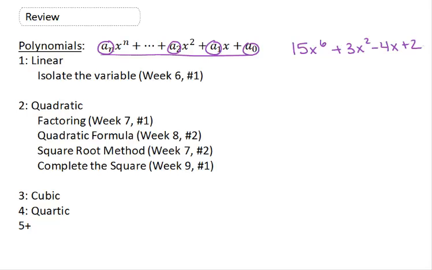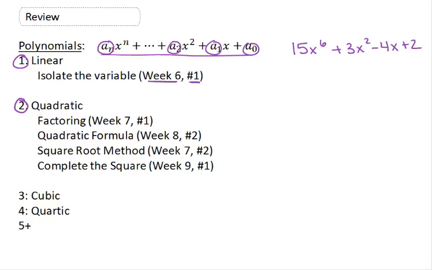The ones that we have learned how to solve so far are degree 1, which are linear polynomials, and we learned how to solve those back in week 6, assignment number 1, where we isolated the variable. And the other type of polynomials that we have learned how to solve at this point are degree 2 or quadratic polynomials.